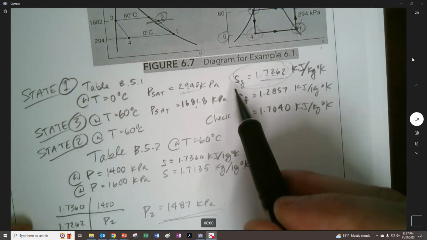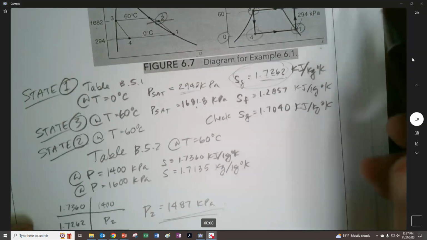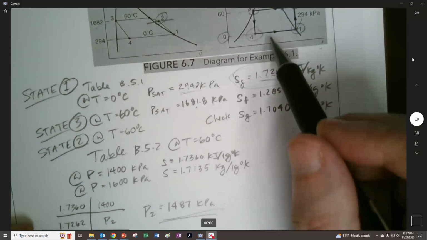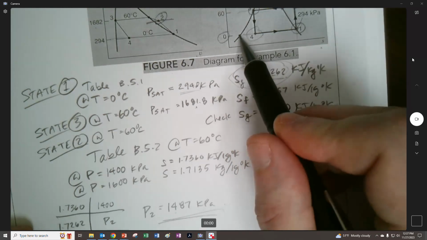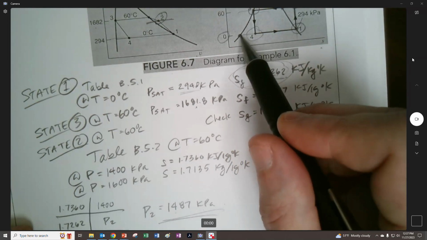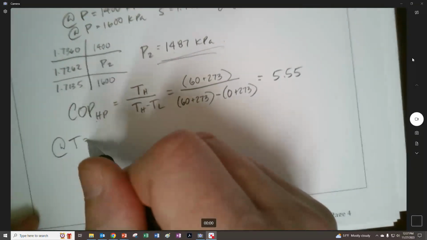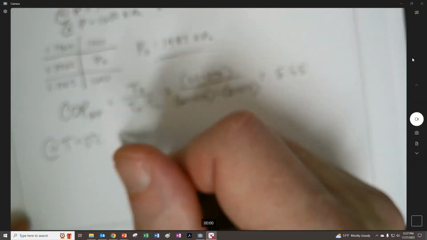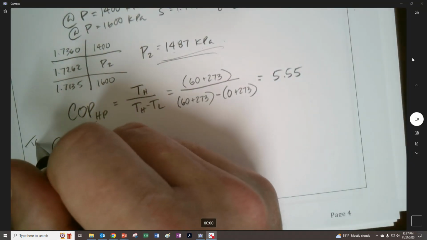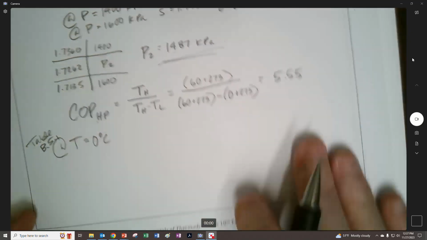We could go back to the data that we had for the 0 degrees right here and get the SF, and then the SFG in between there. So at t equals 0 degrees, I guess we'll go back to the table B 0.5.1.